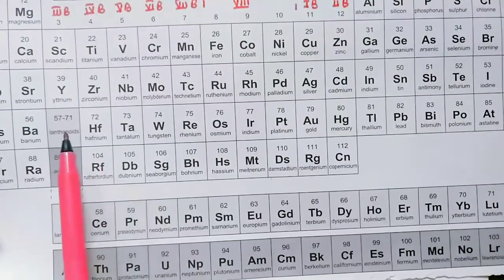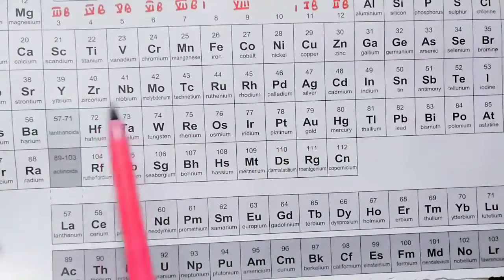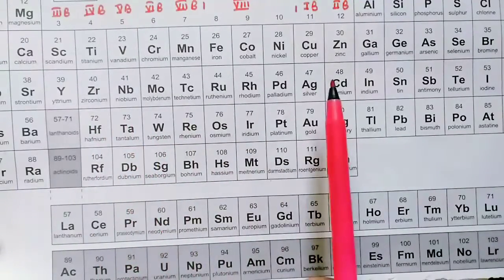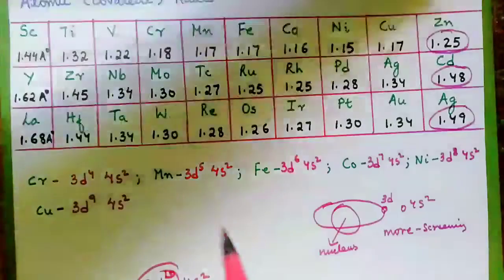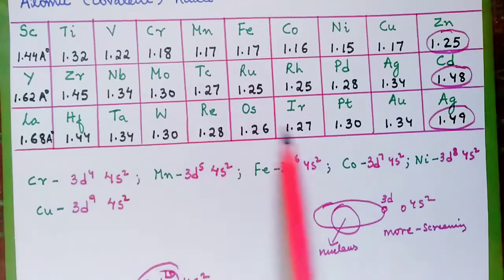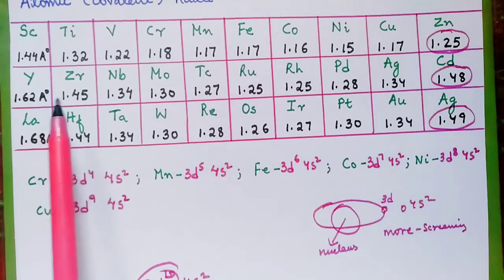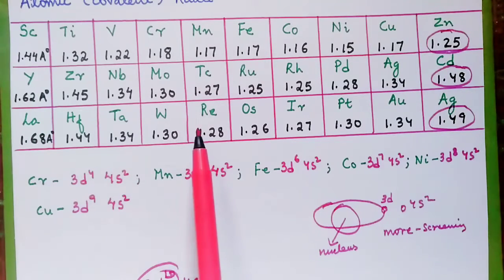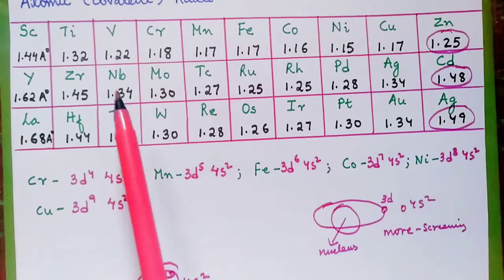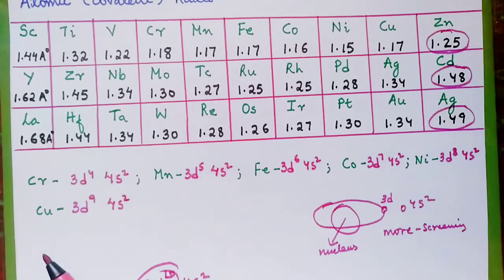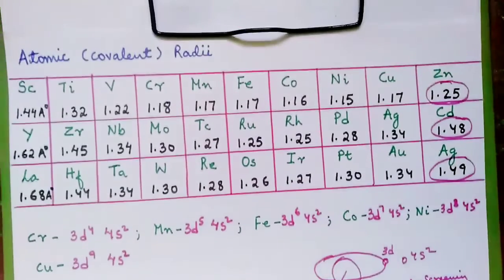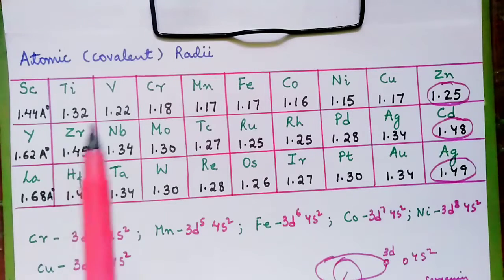Because of lanthanide contraction, the atomic radii of the 4d series elements and the 5d series elements do not differ much. They are very close to each other, or they have almost the same size. So that's all about the atomic radii of the 3d series elements.